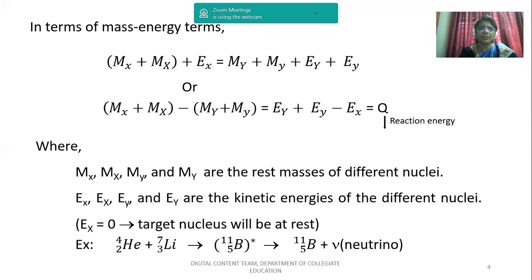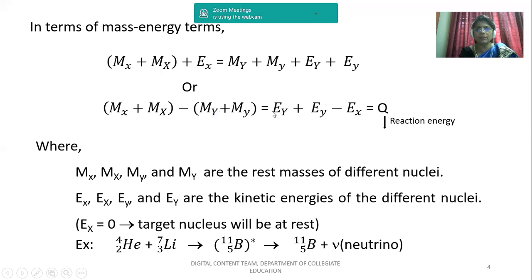If you rearrange the terms, you can write the mass of the reactants minus the mass of the products equals the kinetic energies of the products minus the kinetic energies of the reactants, which is equal to Q, called the reaction energy. Here, Mx plus MX are the rest masses of the reactants, minus My plus MY, the rest masses of the product elements.